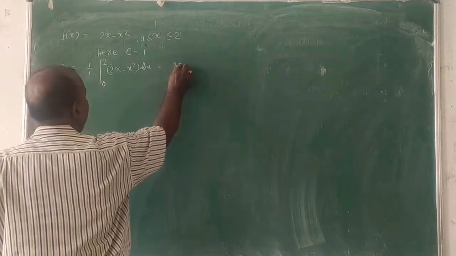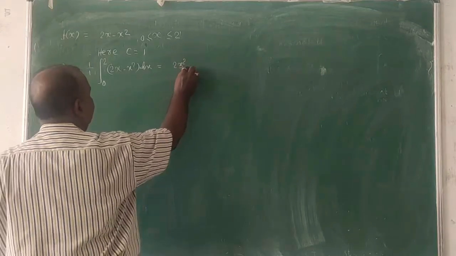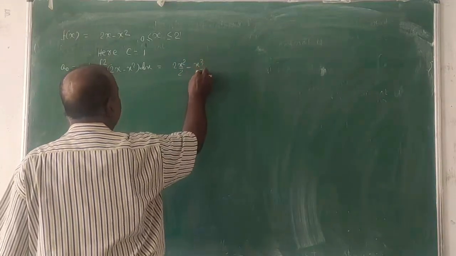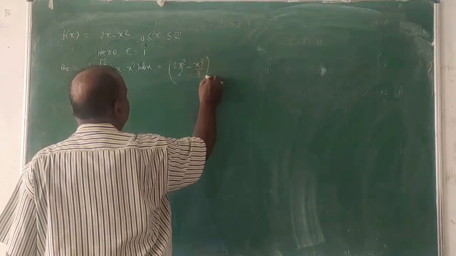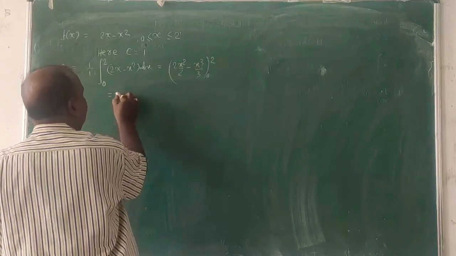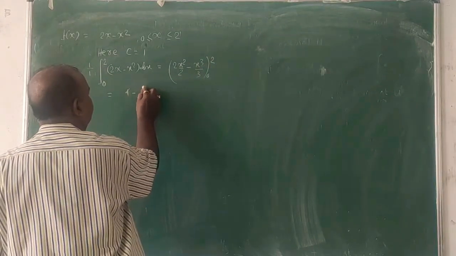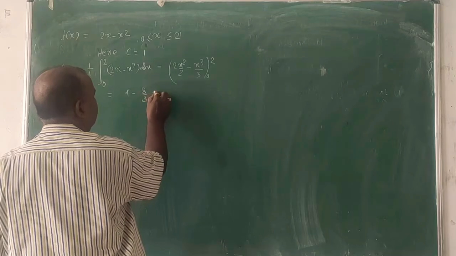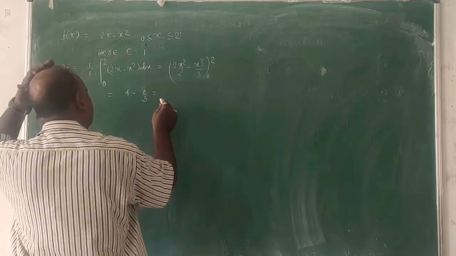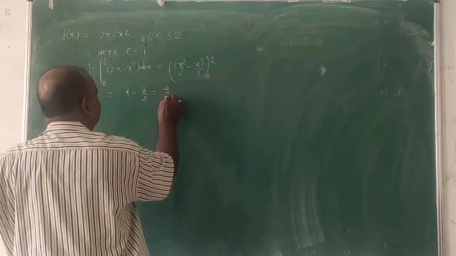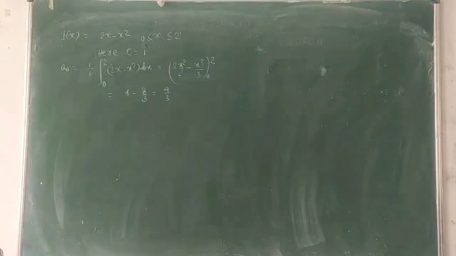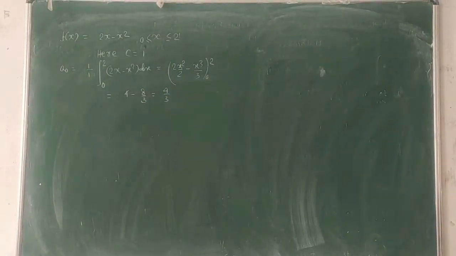Which becomes 2x square by 2 minus x cube by 3, range is 0 to 2. So that 2 gets cancelled: 4 minus 8 by 3, that becomes 4 by 3. This is the value of your a naught that you got.